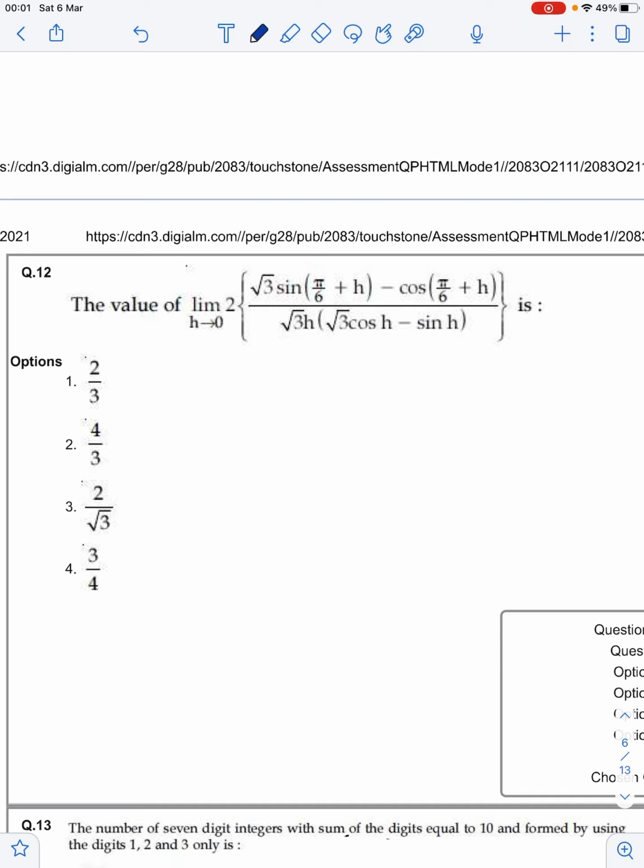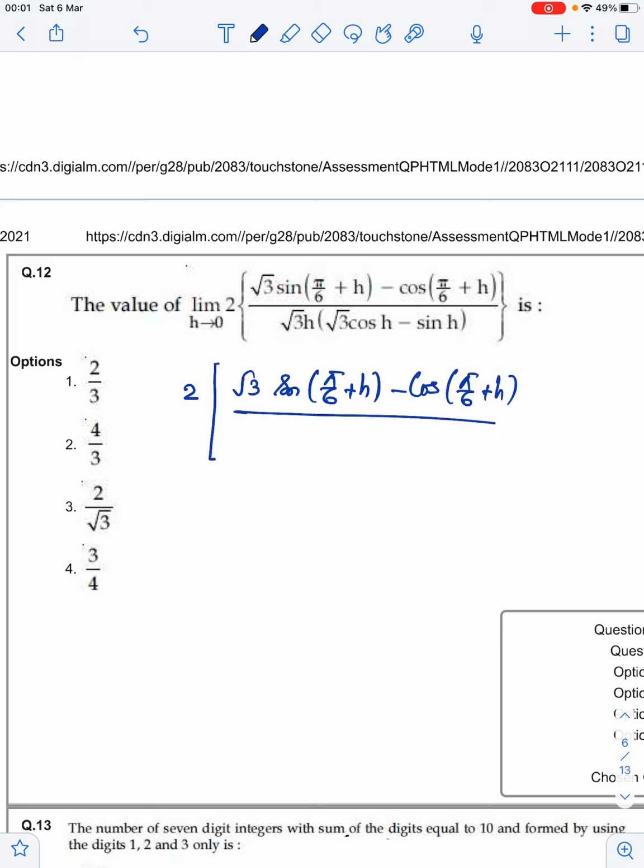Question number 12, a good question of limit. If you don't look at the question smartly, you may end up with more calculation. Now the question says 2 times the limit of root 3 times sin(pi by 6 plus h) minus cos(pi by 6 plus h), divided by h root 3 cos h minus sin h, where 2 by root 3 I have taken out.